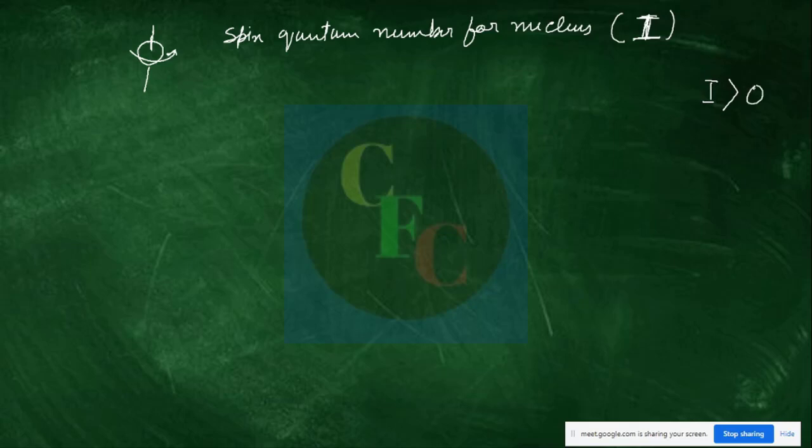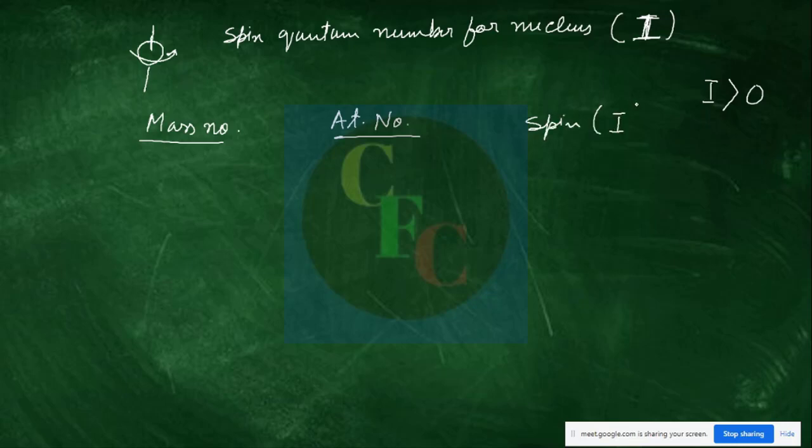So it should not be 0. There are some nuclei whose spin number is 0. Let's see what those cases are. Now this I is related to the mass number and atomic number, these two. And let's say the spin number I. Suppose the mass number is even.